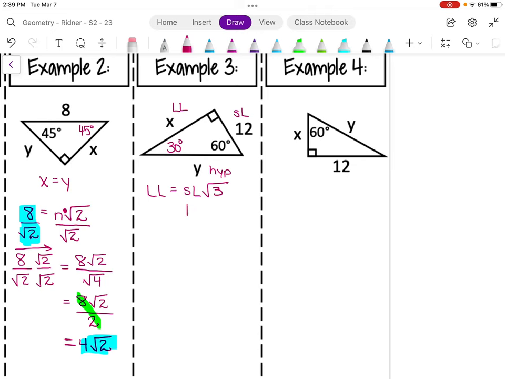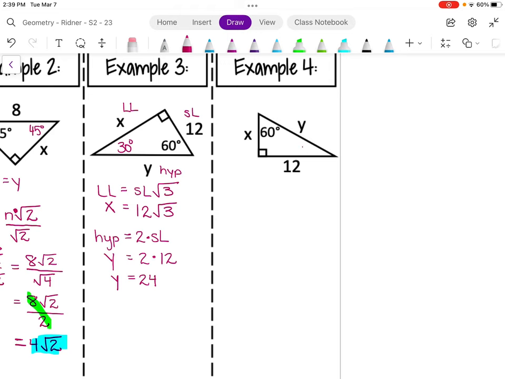So my short leg is 12. Square root of 3 must equal x, because the long leg is x. My hypotenuse is always double my short leg. So in this example, the hypotenuse is y, and 2 times 12 is 24. So now I've found all the sides.